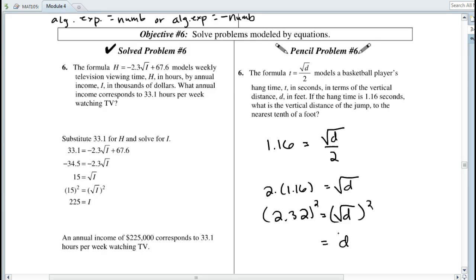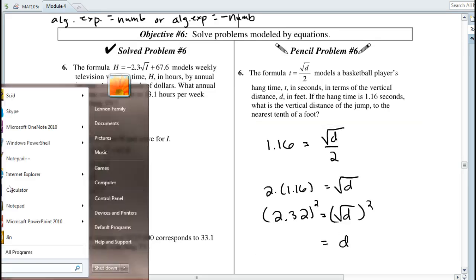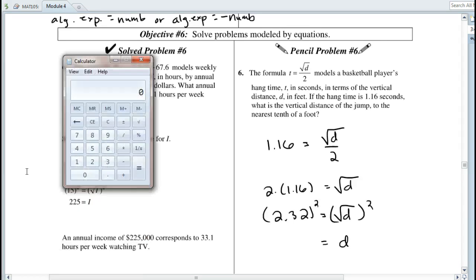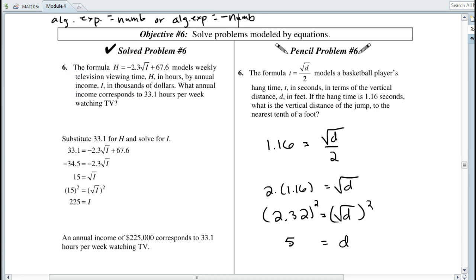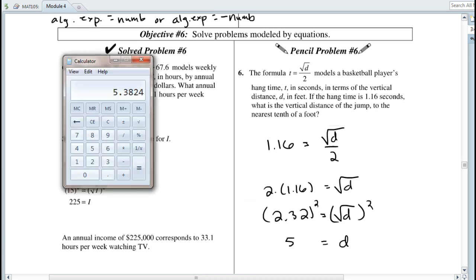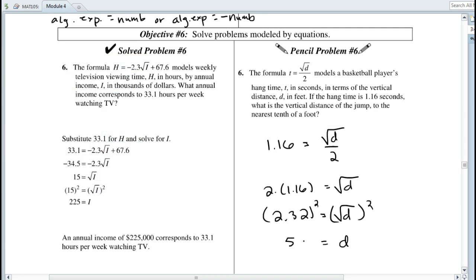So d is going to be 2.32 squared, so let me try and find a calculator. There's one. 2.32 times 2.32 gives me 5 point, and they say to the nearest tenth, which is 1 decimal place. 5.4 3/8 rounds to 5.4. So 5.4 feet.